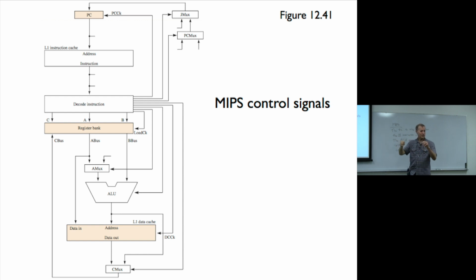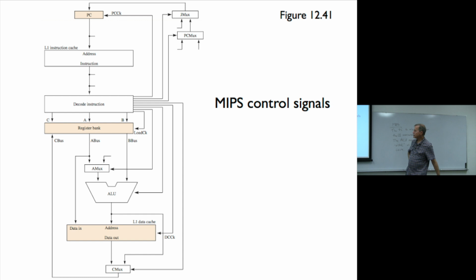What are the parts of the instruction? It has a 6-bit opcode, a register field, another register field, and an immediate field. So that instruction is going into the decode, and the output depends only on the input. So you should think of it as a combinational circuit.